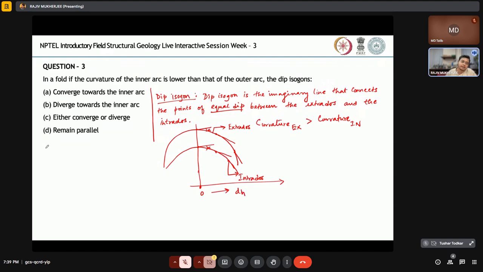So we can term these two parameters alpha, the dip amount, and d sub h, the distance from the hinge.